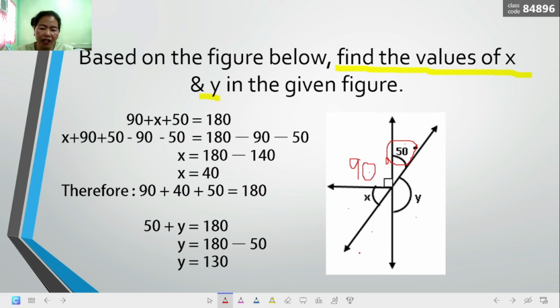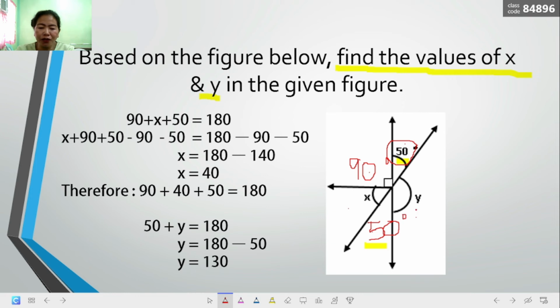And the next angle is the vertical angle of the 50-degree angle. Since we just learned that vertical angles are always congruent, or equal in measure, this angle here, which is vertical to 50 degrees, also measures 50 degrees, right?